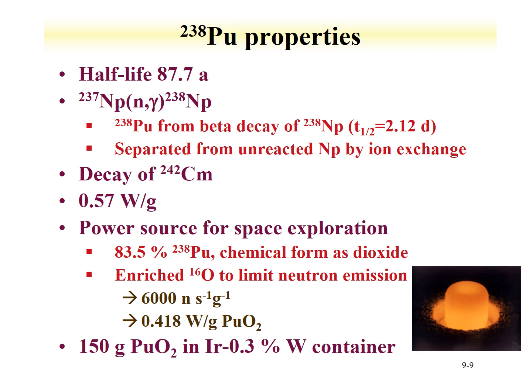As an oxide, the plutonium-238 oxide has about 0.4 watts per gram. A heat source or thermoelectric generator for space exploration is generally on the order of 150 grams of the plutonium dioxide, up to 83.5% of it being plutonium-238, and it's usually contained in an iridium container.